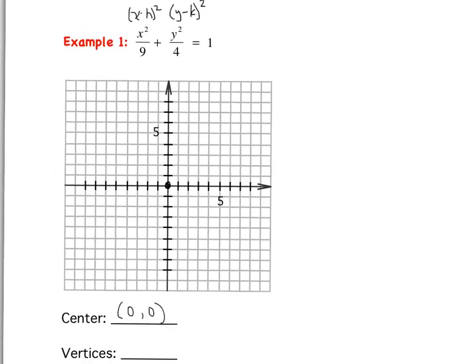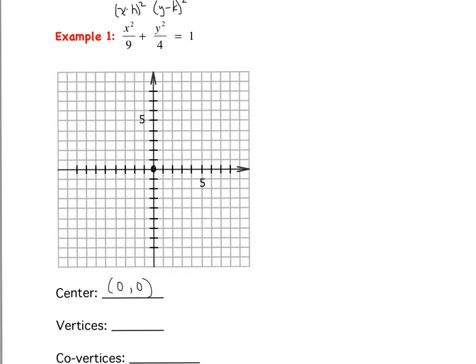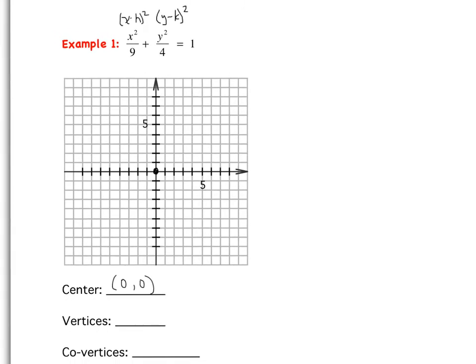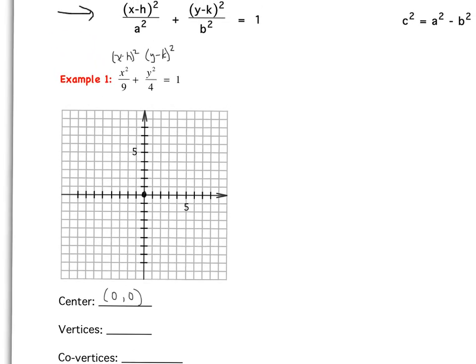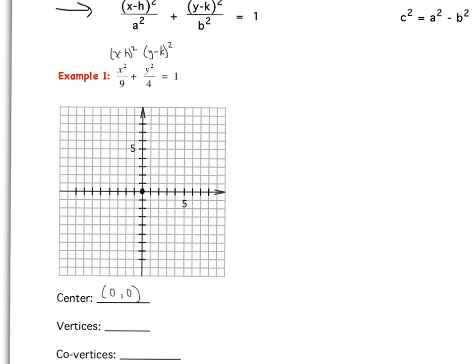If we go back up and look at our equation, we then can identify our a squared and b squared. For this example, a squared is 9. That means that the distance from the center to a major vertex, or to our vertices, is the square root of 9, or 3. Now the distance from the center going in the positive direction and also going in the negative direction gives us the length of our major axis.